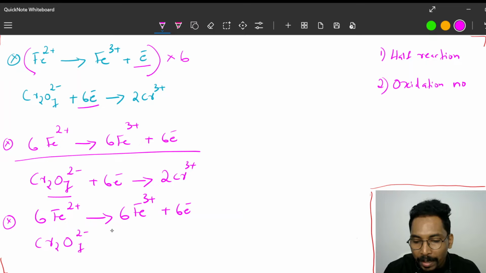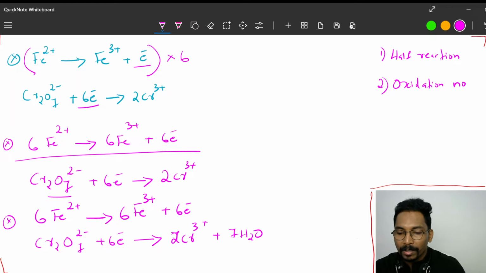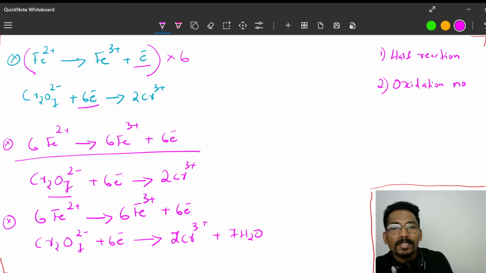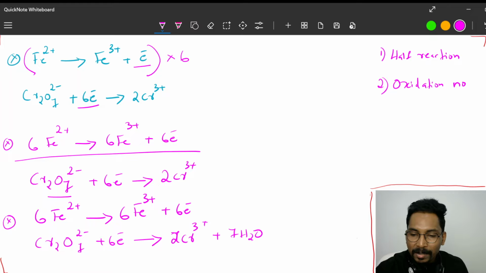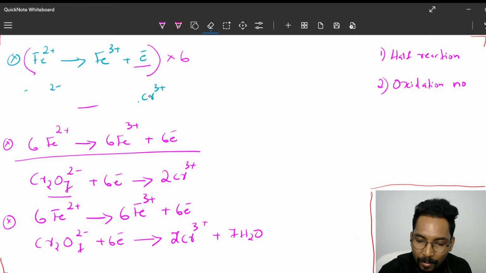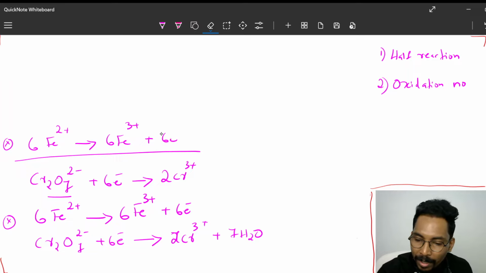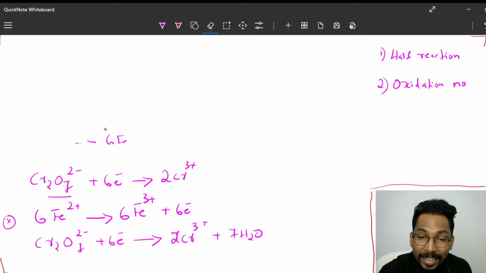Cr2O7 2- plus 6 electrons gives 2 Cr3+ plus 7 H2O. So now oxygen is balanced. What is the next step? Next step is balancing hydrogen.